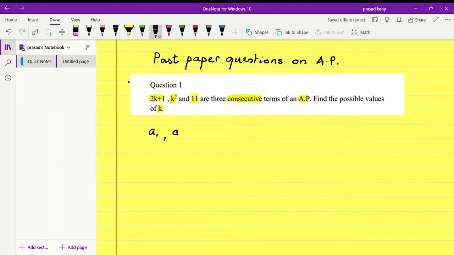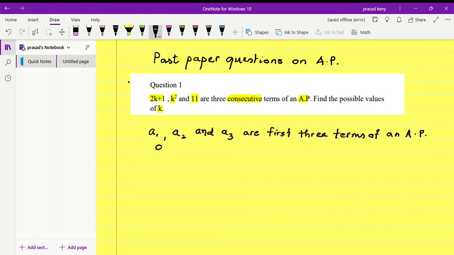Say a1, a2 and a3 are the first three terms of an AP, then by the definition of AP, the difference between the consecutive terms remains the same.